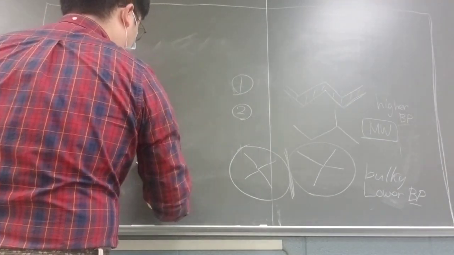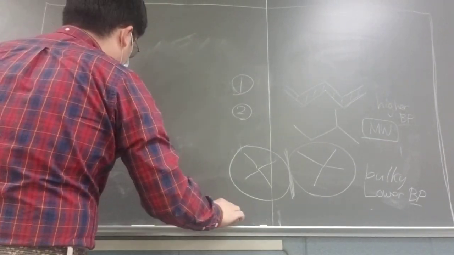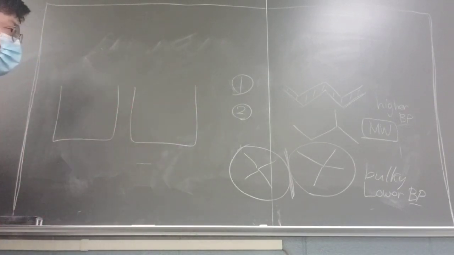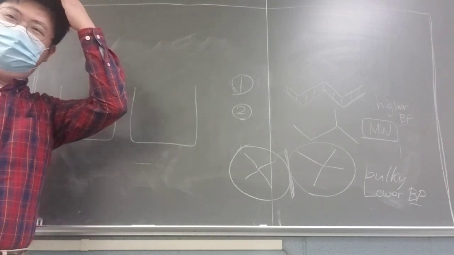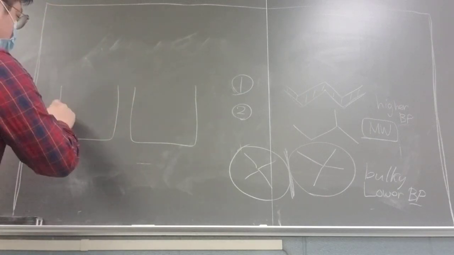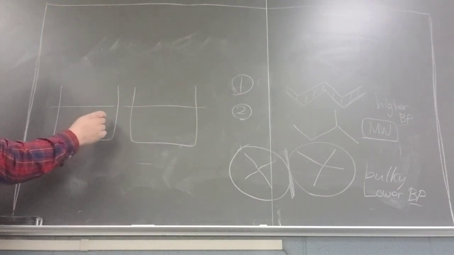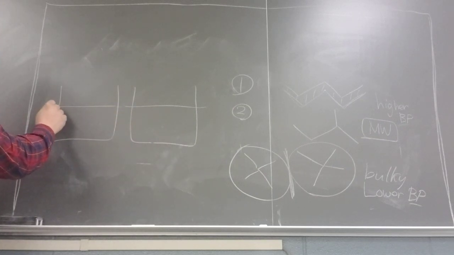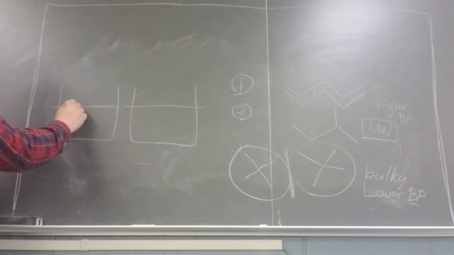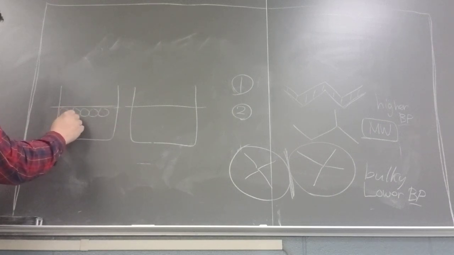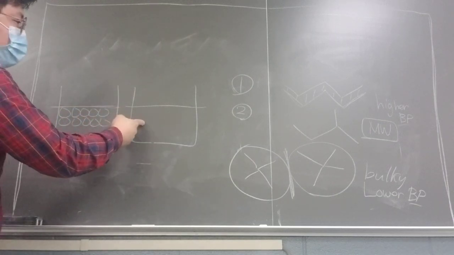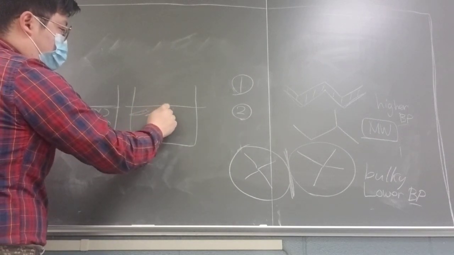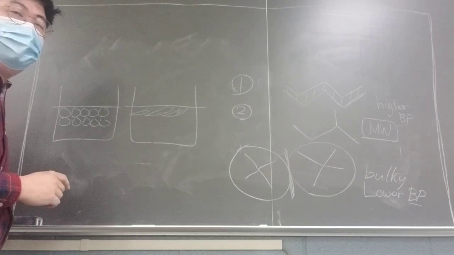If you took my Genchem 1, you already got this knowledge before. If you think about two boxes, and this box is filled with metal beads, metal chunks, and this box is filled with feathers from birds.